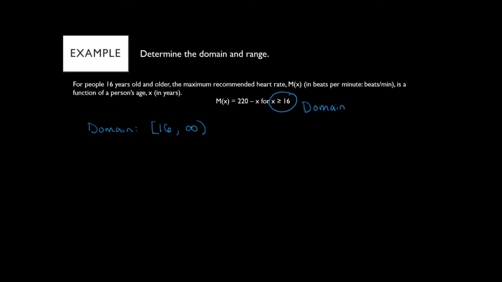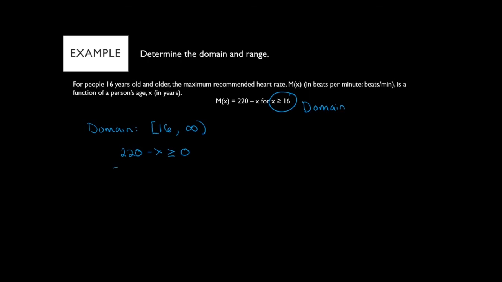And if you look at the equation, we know that heart rate has to be positive. You can't have negative heart rates. So 220 minus X needs to be greater than or equal to 0. You can solve that to give yourself a maximum.